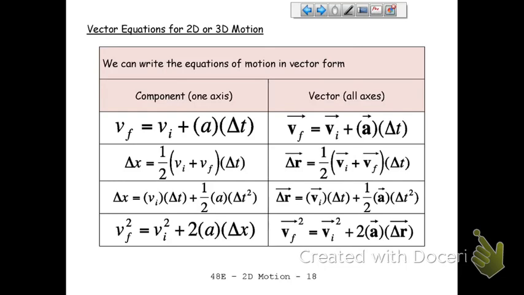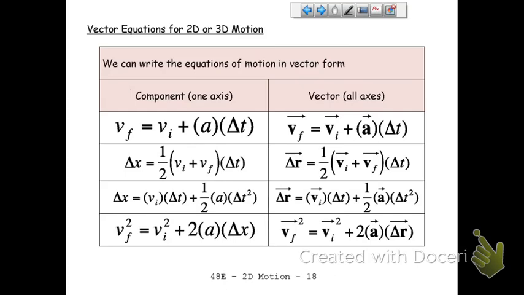We've learned that in components, whether it's the x-axis or the y-axis, we can just use good old kinematic equations. Vf equals Vi plus A delta t, and delta x equals a half (Vi plus Vf) delta t, and delta x equals Vi delta t plus 1/2 A delta t squared, and Vf squared equals Vi squared plus 2A delta x.